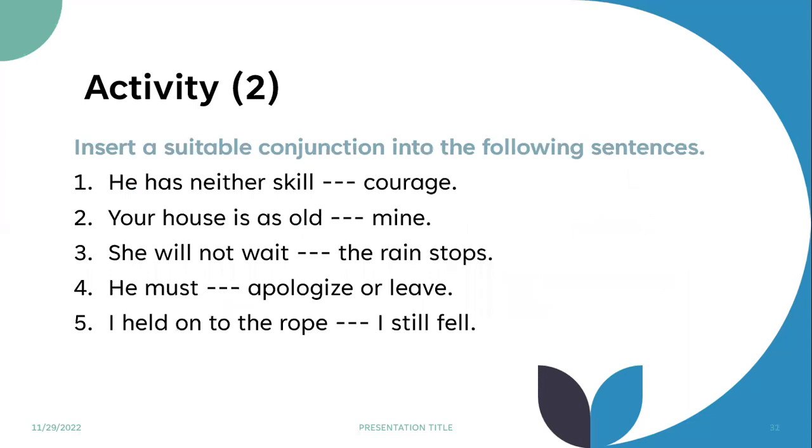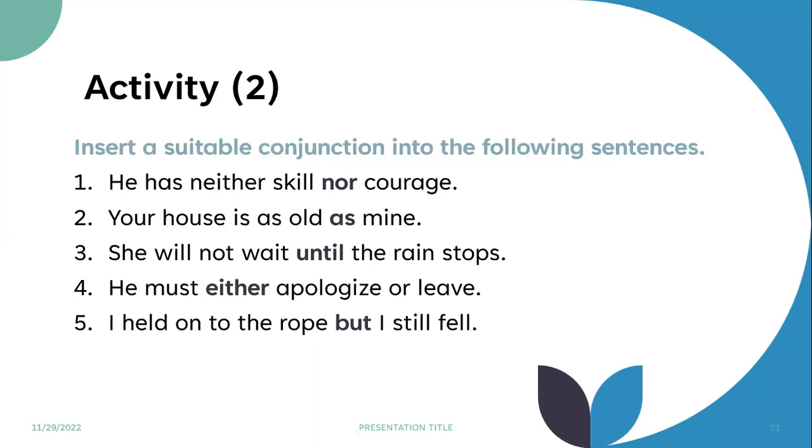Next, we have another activity, and the instruction says, insert a suitable conjunction into the following sentences. Again, you can try on your own and unpause your video so that you can see the answers on the next slide.